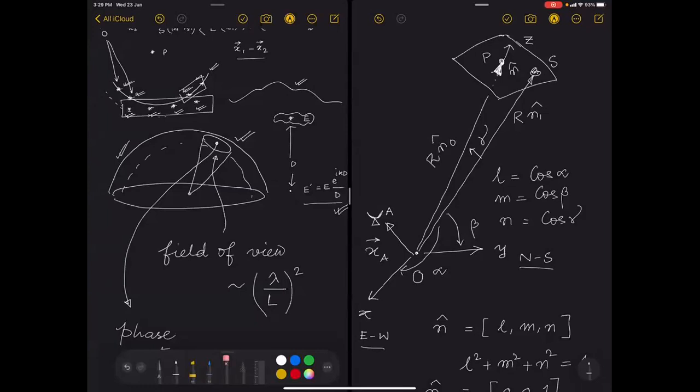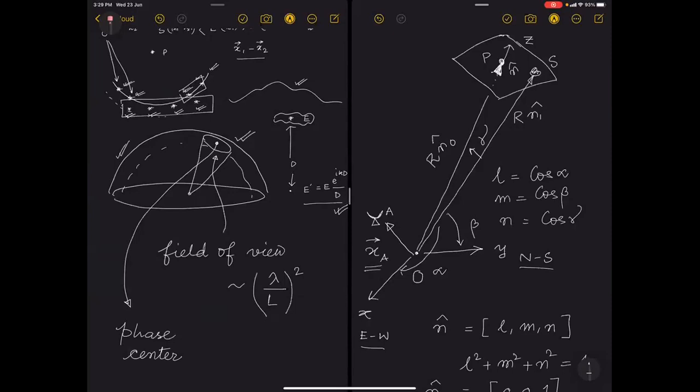So if there is a source at P, at the phase center, as we said, your antenna will always keep that source at the phase center as it moves. Which means these components along x, y, and z of the vector xa will change with time.